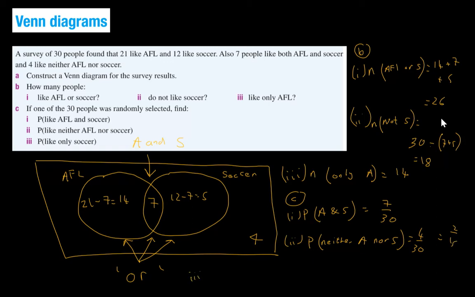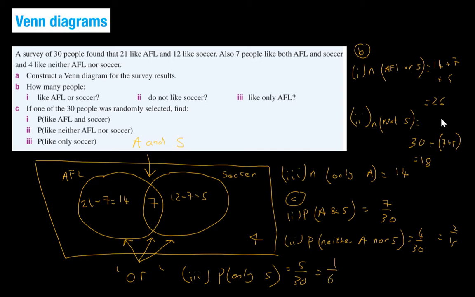I'm guessing the last one is going to be the hardest. Probability only soccer. Okay, so only soccer is going to be just this. It's not difficult at all. 5 over 30, which is 1 over 6.